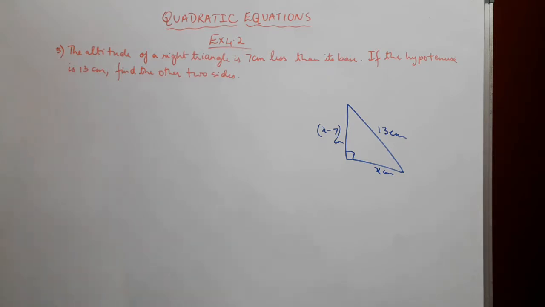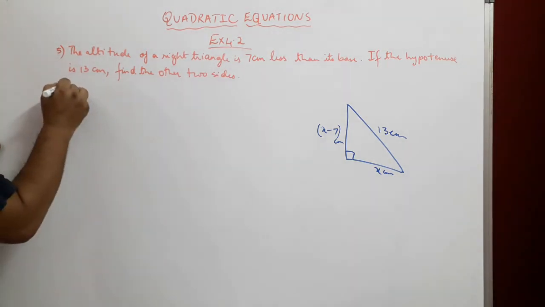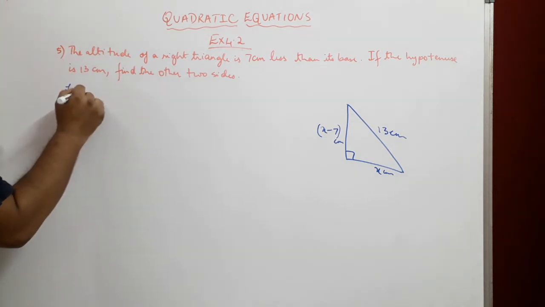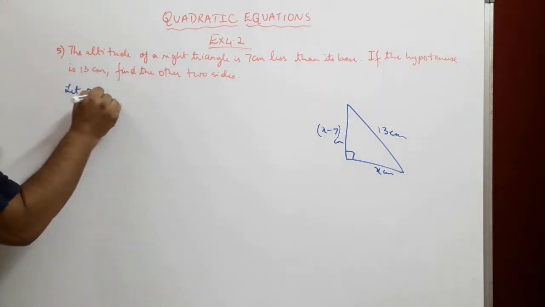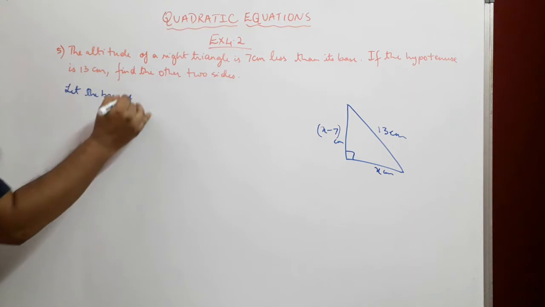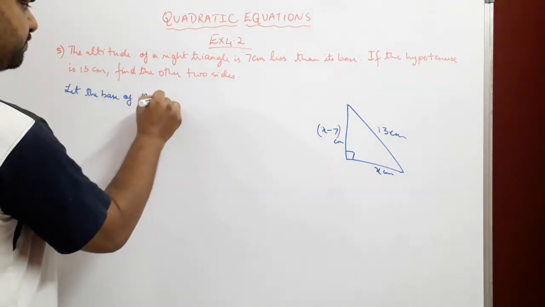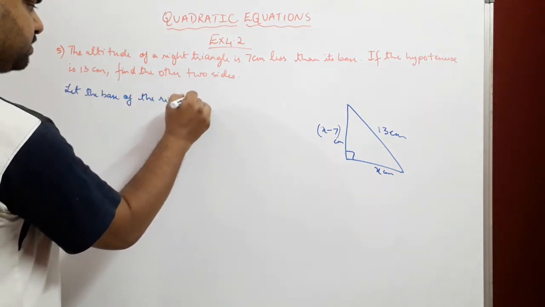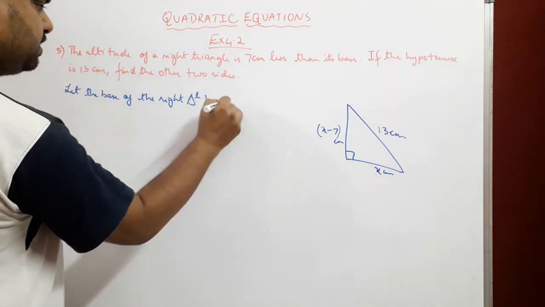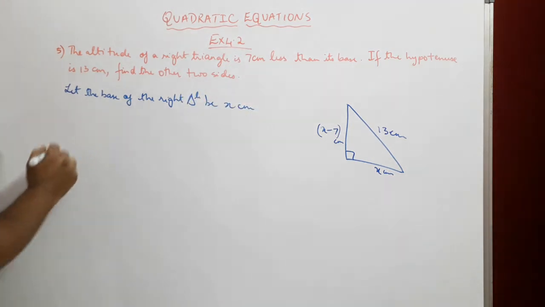So first we begin with an assumption of the base. We say let the base of the right triangle be x centimeters.